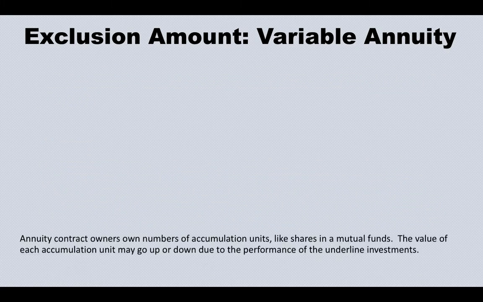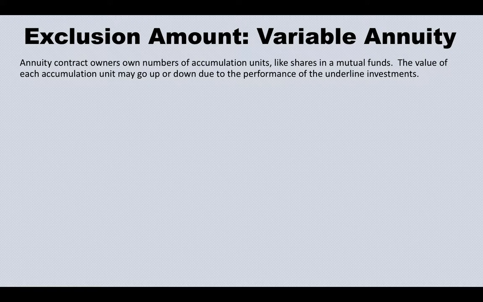So here is how an annuity is structured. Annuity contract owners own a number of accumulated units. Those units are like shares in a mutual fund. So basically you own shares in those policies, right?